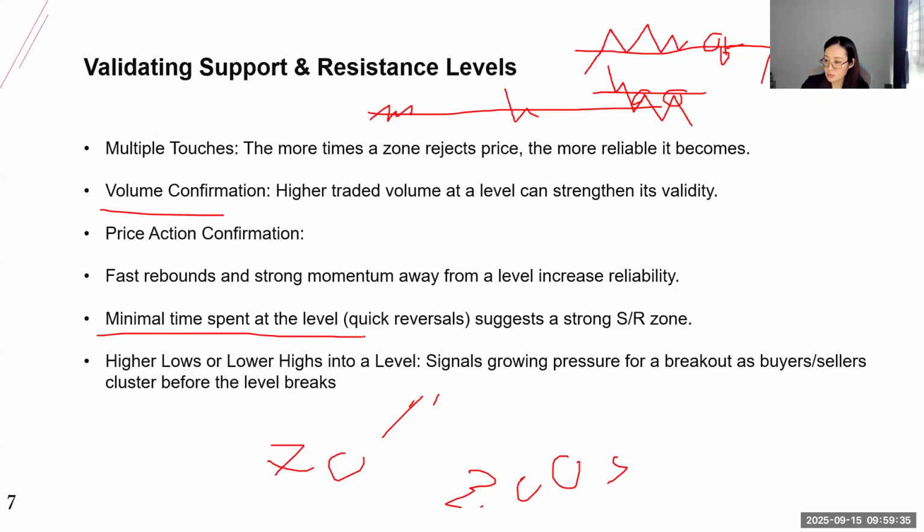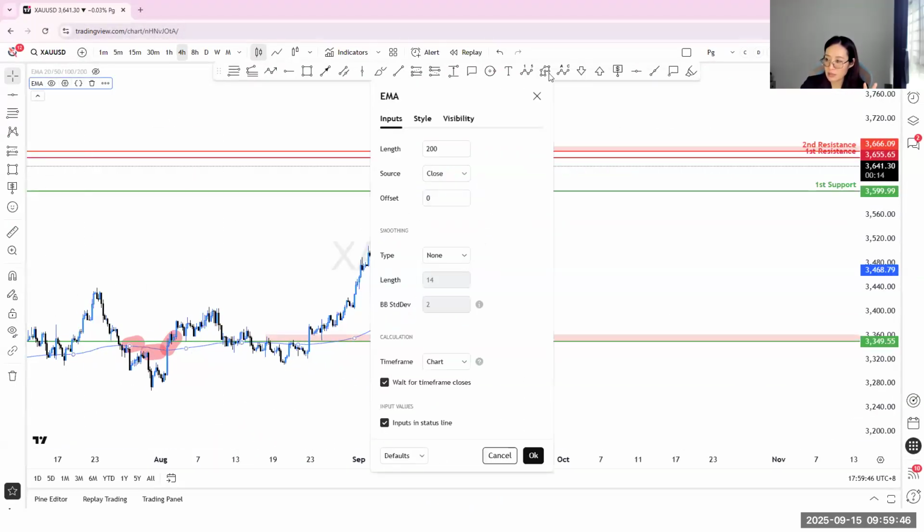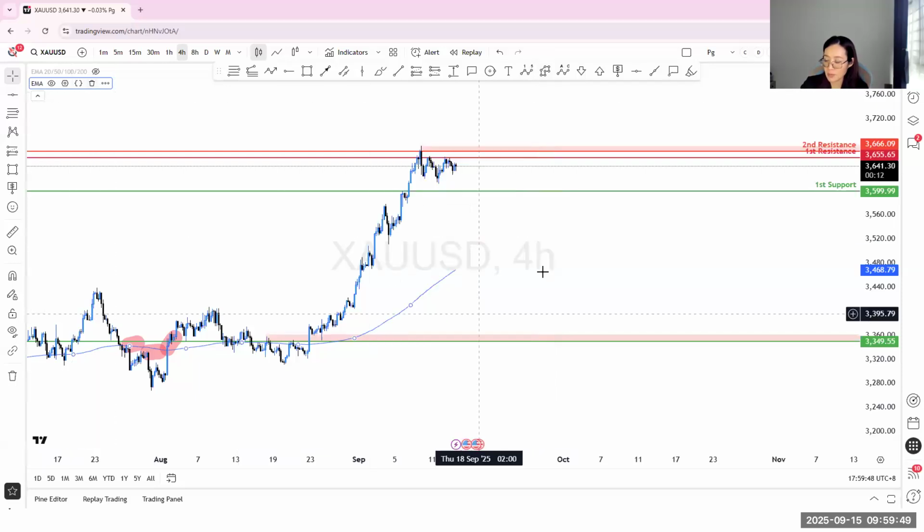Usually I see this during high impact news. If you want to trade based on support and resistance, you should wait at H4 if there is high impact news coming up.